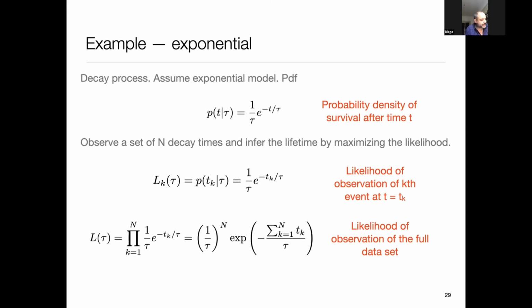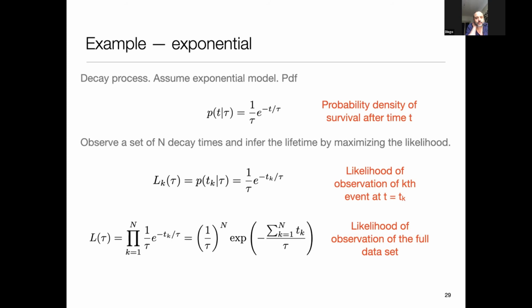Your likelihood is a function of tau, so it's a function of the physics parameter, and it's the model evaluated at the data you observe, t with k, because you only have one observation, one decay time measured. And so you replace t with k in this PDF and you get your likelihood for a single event.